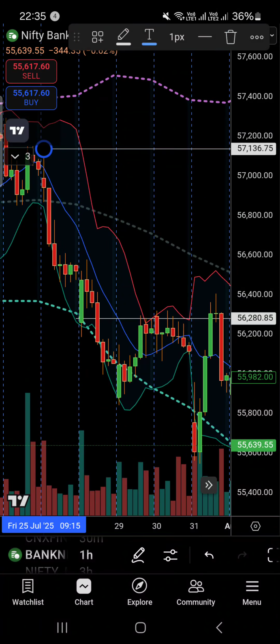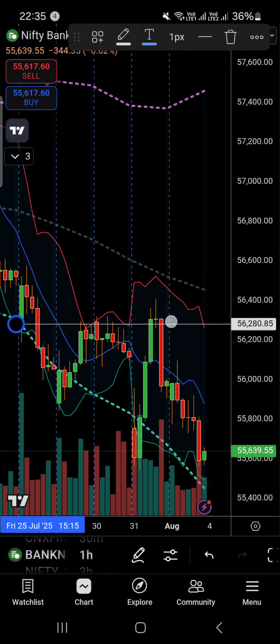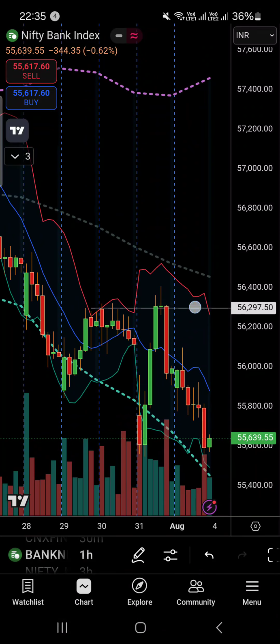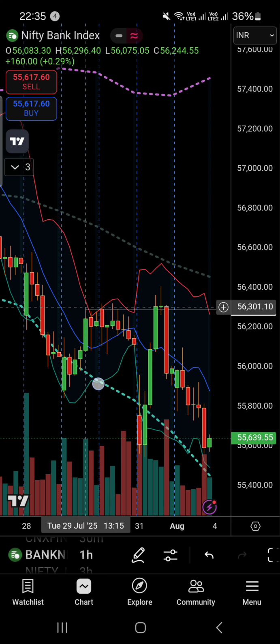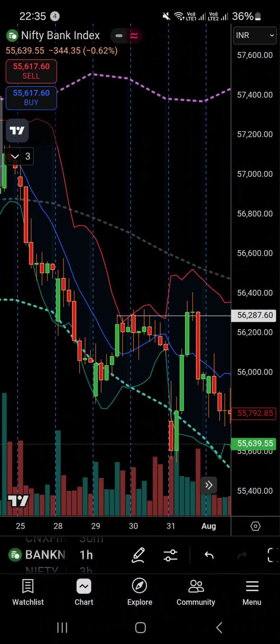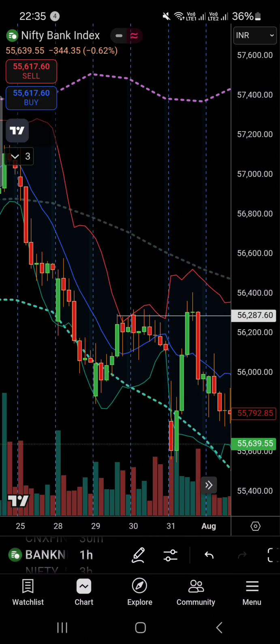But we identified the level here, right? This one, this candle high. Now theoretically we should take a short, but where is the stop loss? We don't know where the stop loss is.